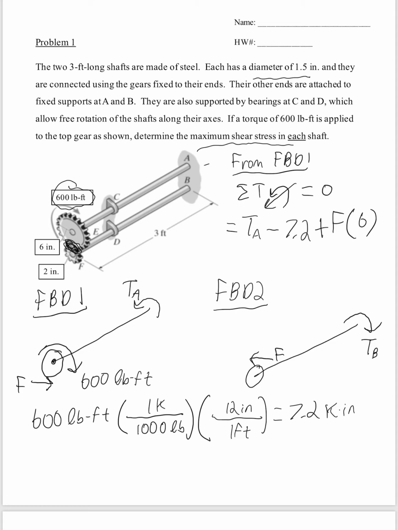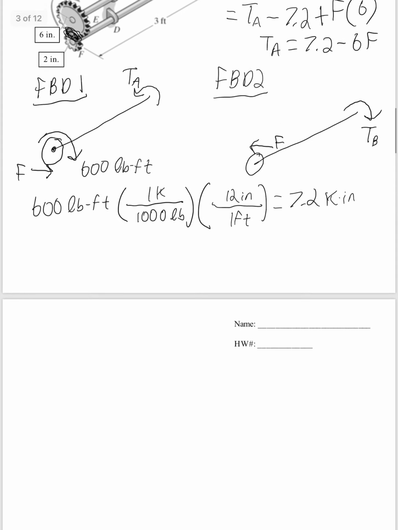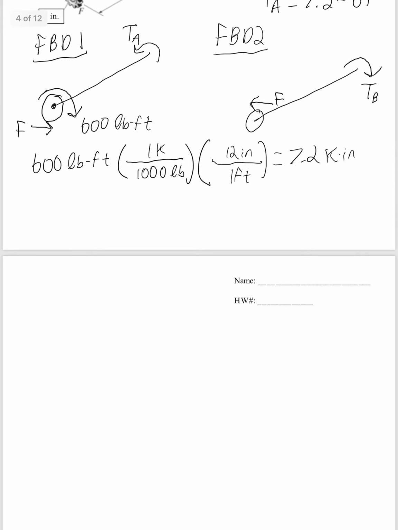So we would get T sub A equals 7.2 minus 6F. Then we can do the same thing for free body diagram 2. From free body diagram 2, it's important to declare where you're summing torque.